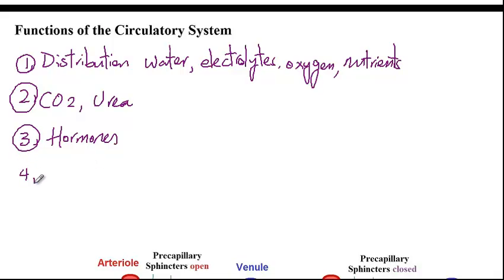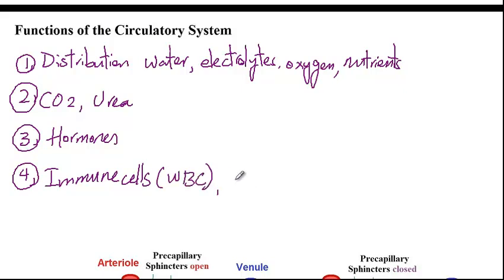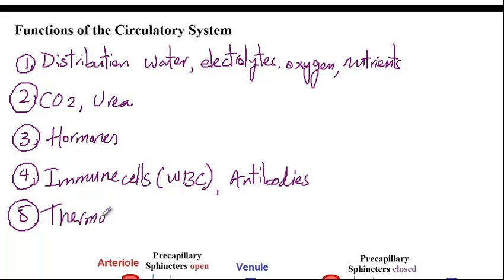The other function of the cardiovascular system is housing the immune cells, which are white blood cells, as well as antibodies to help fight different infections. And then finally, another important function of the cardiovascular system is thermoregulation, or maintenance of the core body temperature.